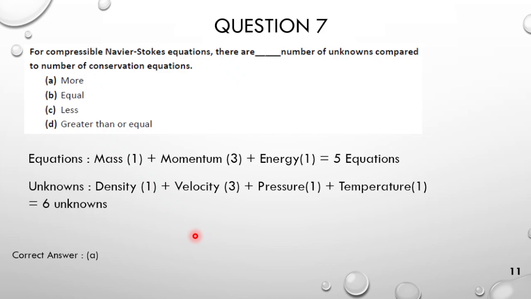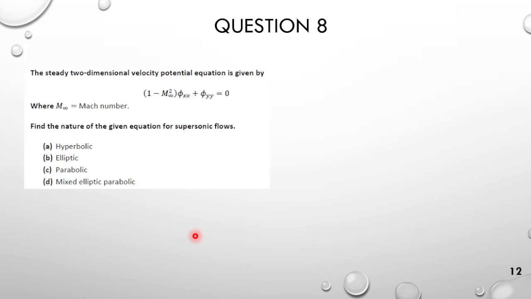I hope this is clear. Some of you had written D. D is also in a way correct, but not for this particular question. If you add an equation of state, then the number of unknowns is equal to the number of conservation equations.